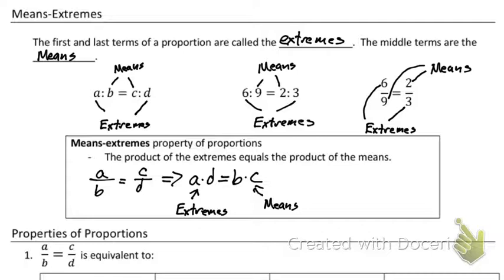Sometimes you'll hear it as cross product multiplication. Do you remember hearing that term at all? Some of us yes, some of us no. So let's just say also known as cross product multiplication.